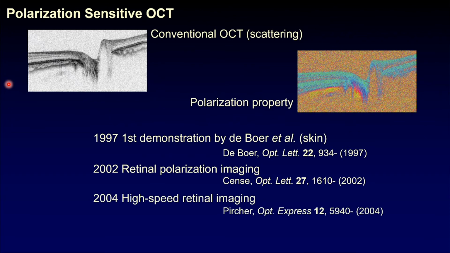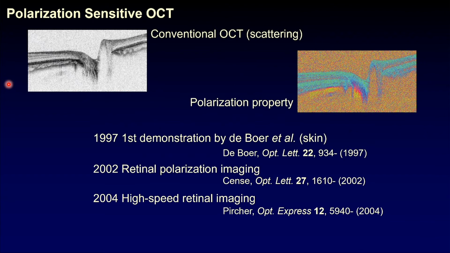And in 2004, the group in Vienna demonstrated the first high-speed retinal OCT imaging. 2002 was a little bit slow at that time, but in 2004, it became quite high speed. Okay, these are the breakthroughs of early polarization sensitive OCT.